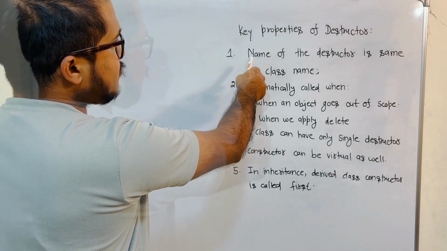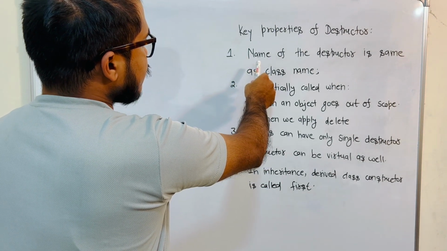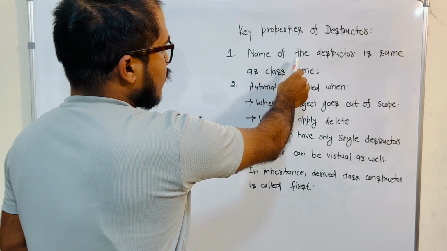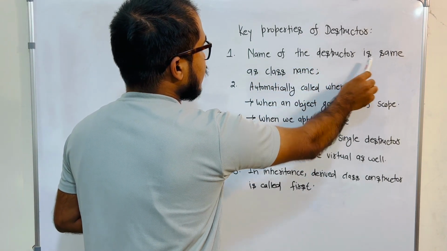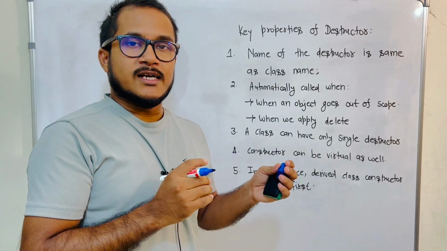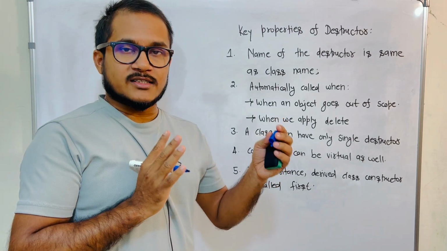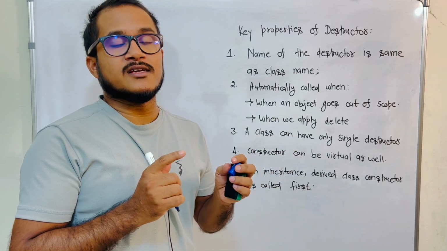You can copy them. If we talk about the first property of the destructor, then I will say the name of the destructor is same as the class name. So it means whenever you are creating any destructor for any class, the destructor name will be the same as the class name.